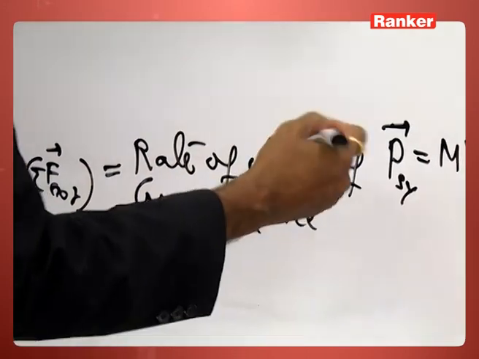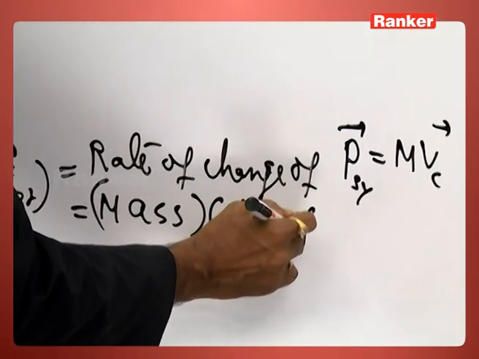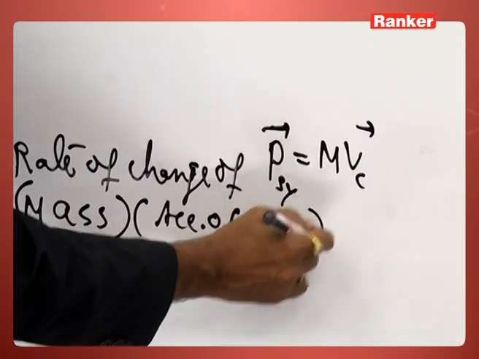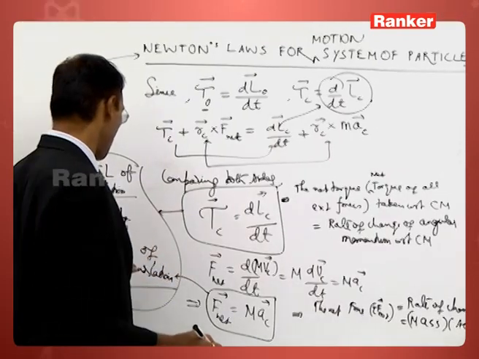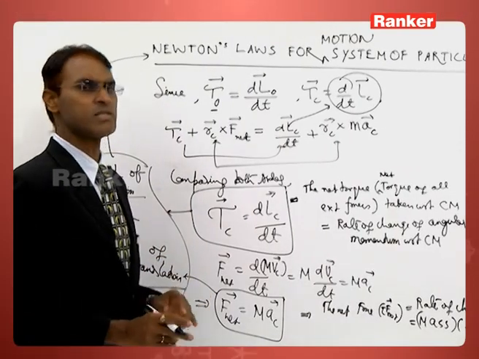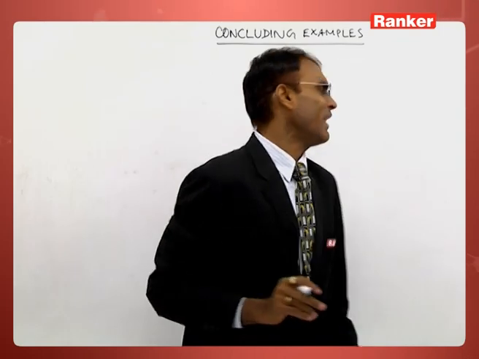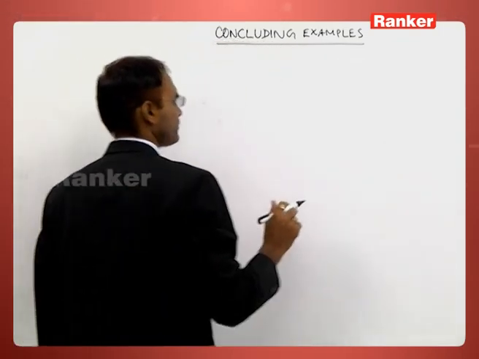Acceleration of which point of the system? Acceleration of the center of mass of the system. This is called Newton's second law for translation of the system of particles. Well, let us take some examples.